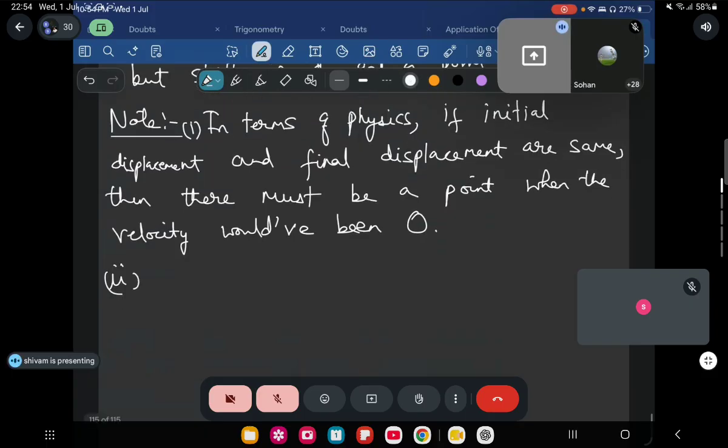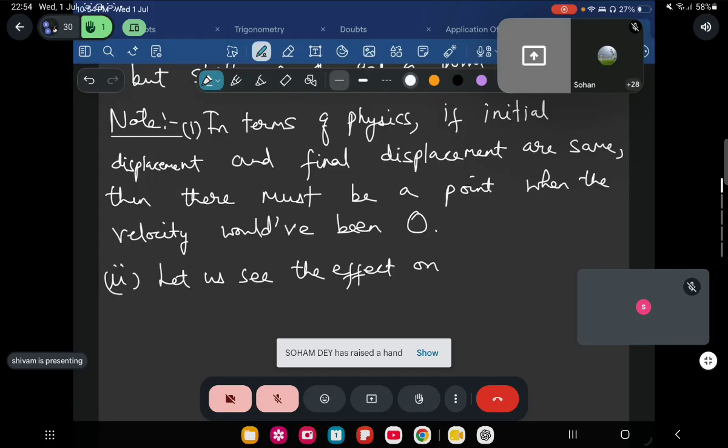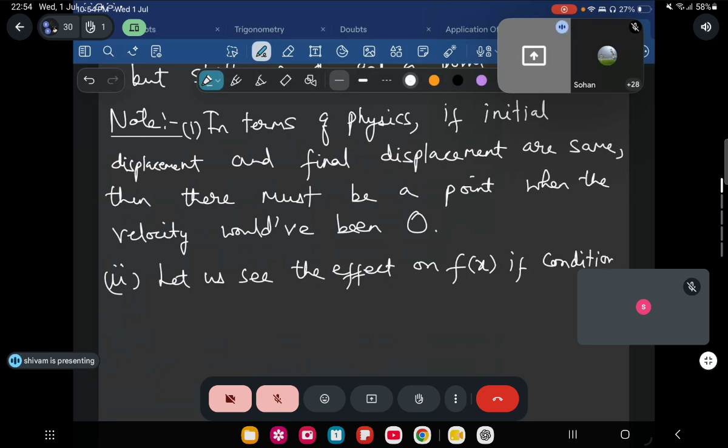Now let us see the effect on f of x if conditions 1, 2 are satisfied, but condition 3 does not satisfy.